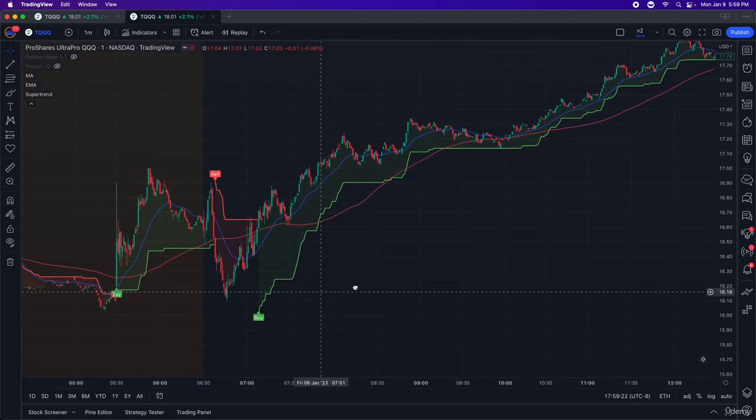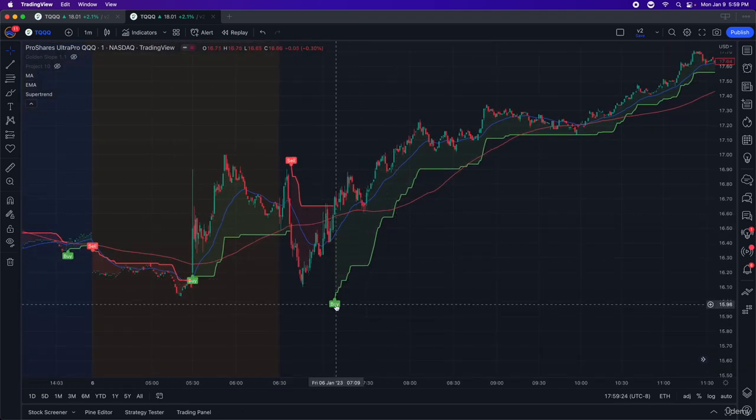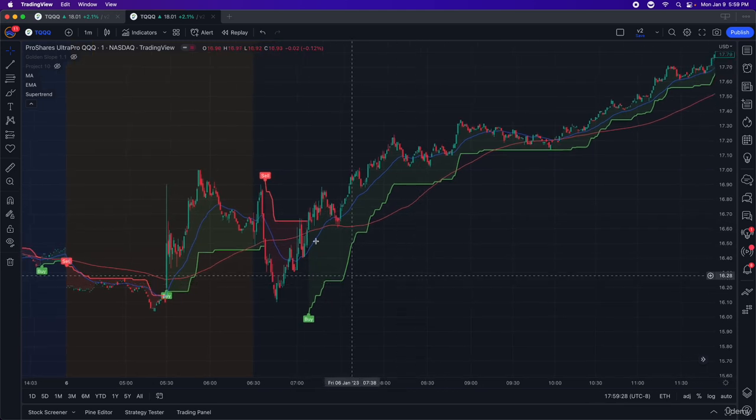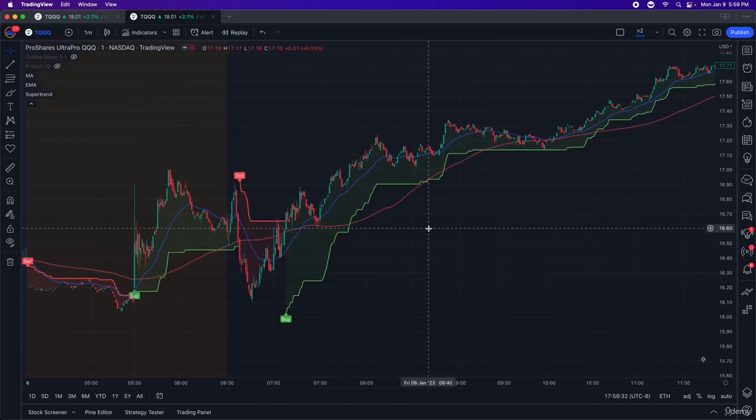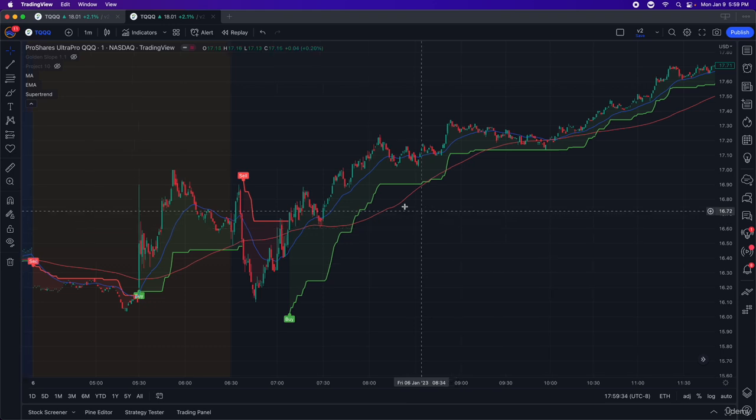So essentially, here's what we have. We got a buy signal, we got a sell signal, and we got our candles, and our EMA and MA lines. In this strategy, the first thing you want to wait for is a buy signal. And then you want to make sure that the EMA line, which is the blue line, is in place. Again, if you don't have your EMA and MA lines, make sure you add them.